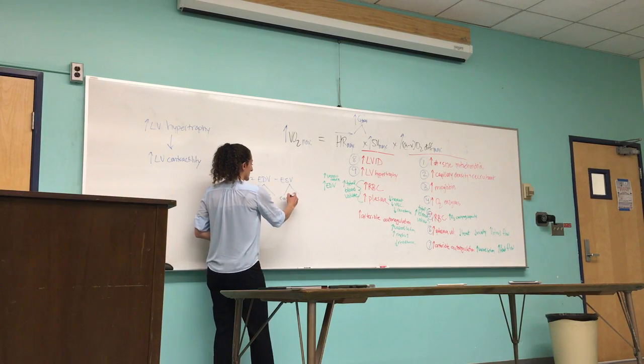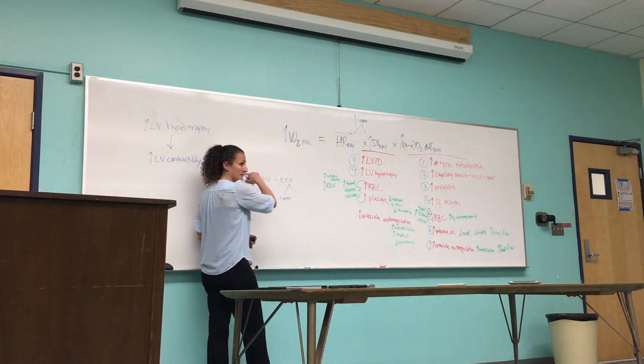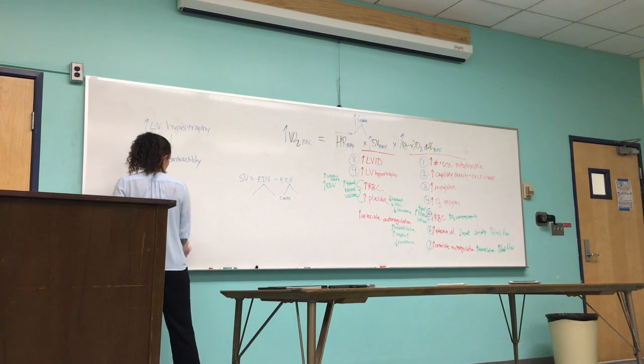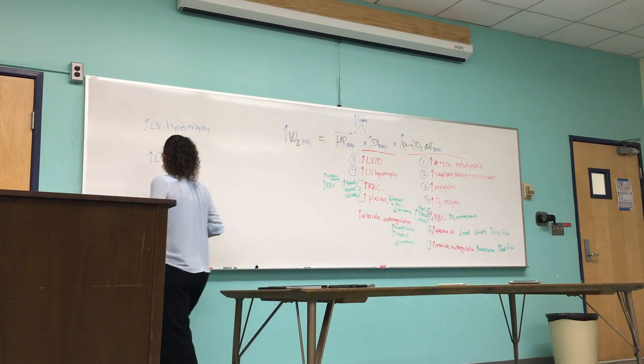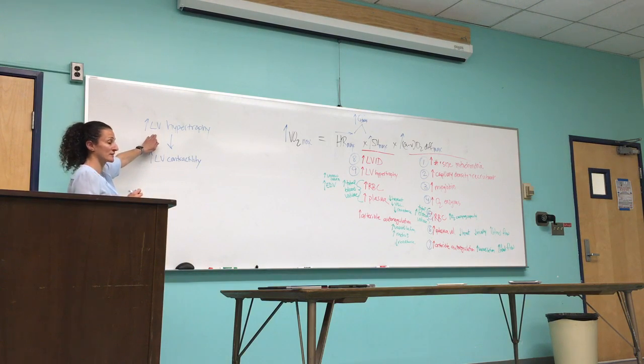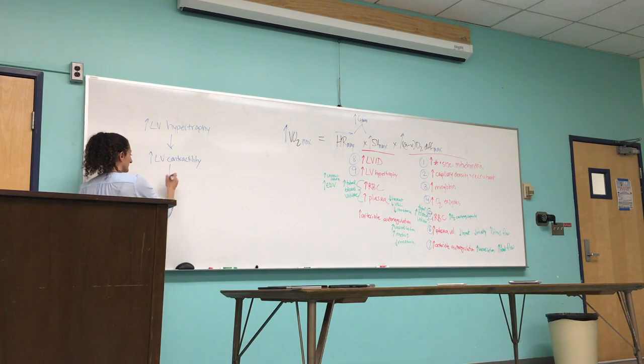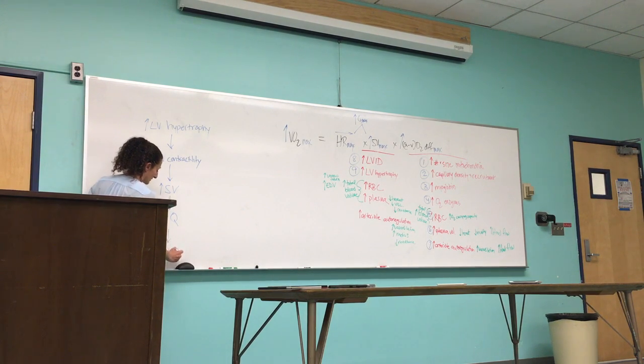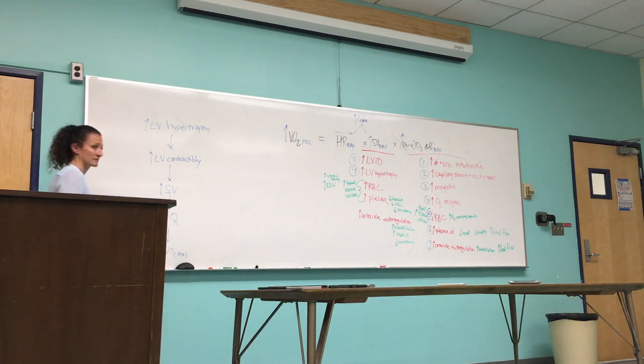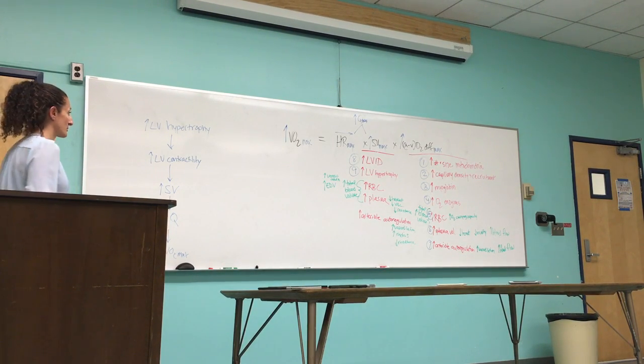It was taking us through the contractility, to lead to stroke volume. Okay, so increased left ventricular hypertrophy caused an increase in contractility, which caused what? An increase in stroke volume, which caused an increase in cardiac output, which takes us to increased VO2 max. Okay, that one's pretty simple.